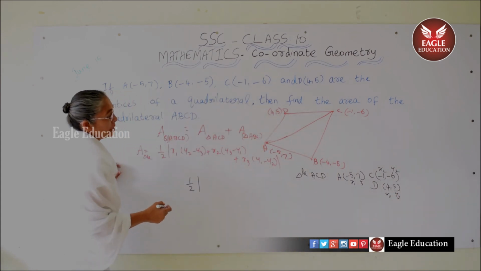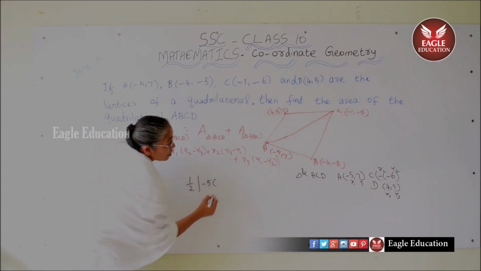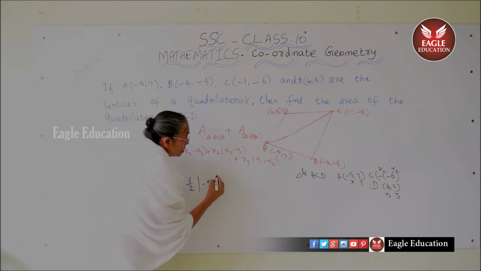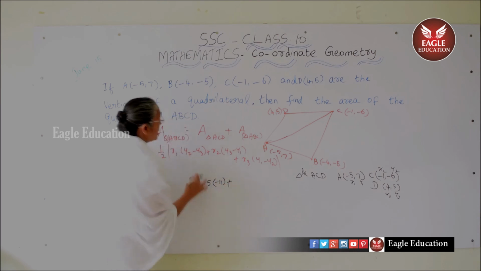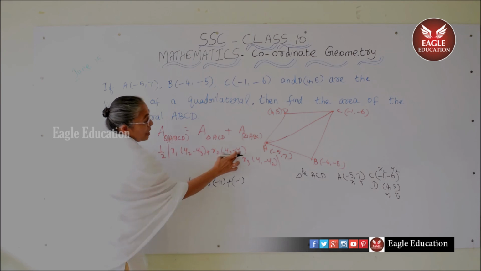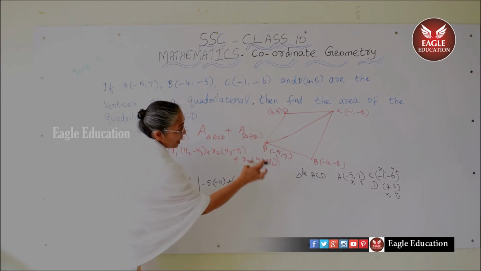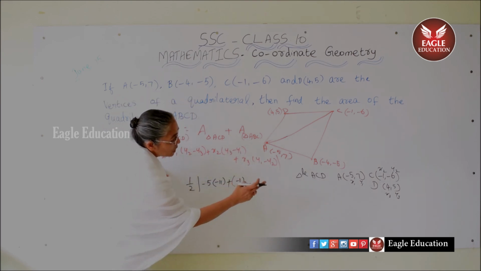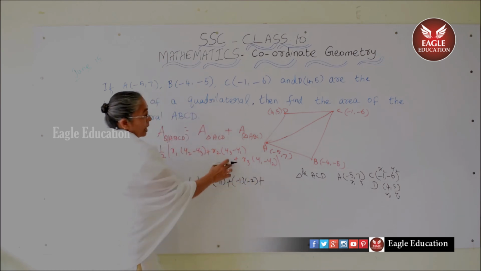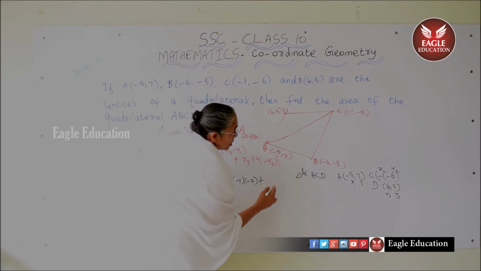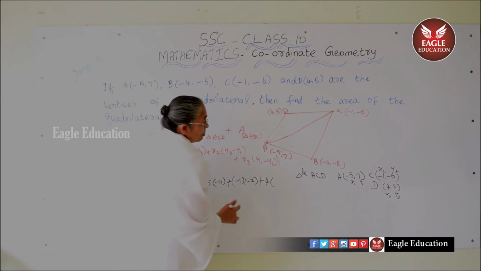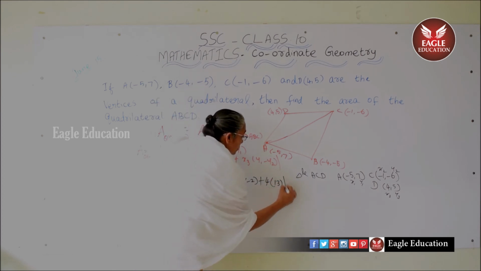So, half mod x1 is minus 5 times (y2 minus y3), minus 6 minus 5, which is minus 11, plus x2, minus 1, of (y3 minus y1), so 5 minus 7, minus 2, plus x3, the x3 value is 4 times (y1 minus y2), which is 7 minus of minus 6, plus 13.